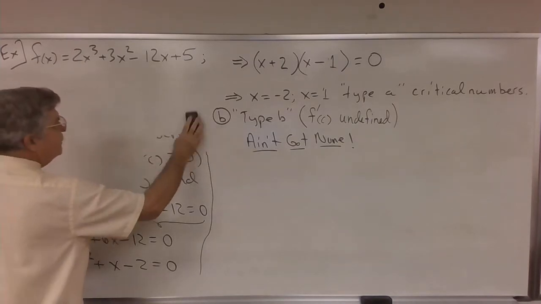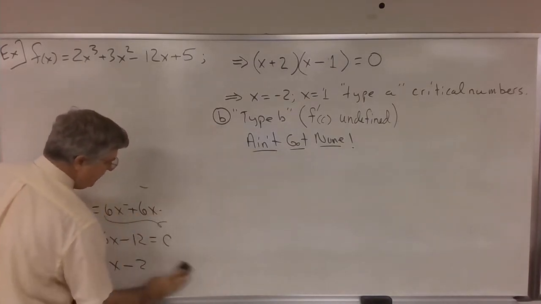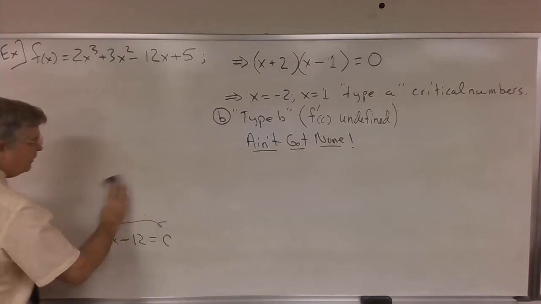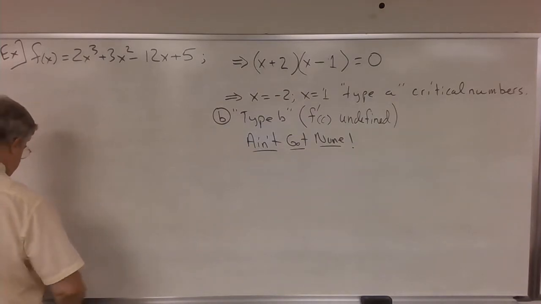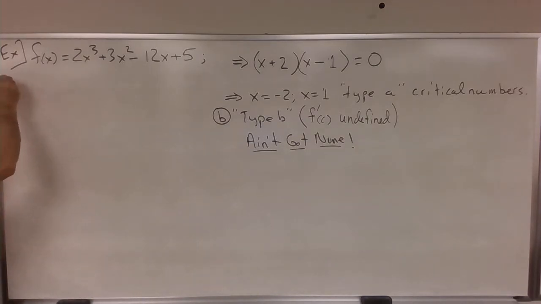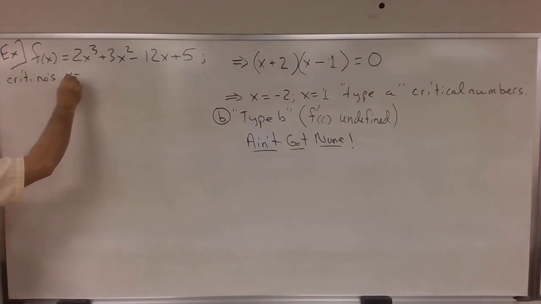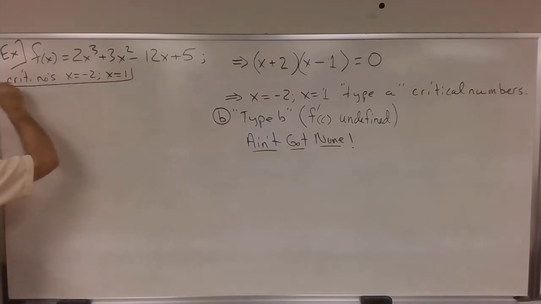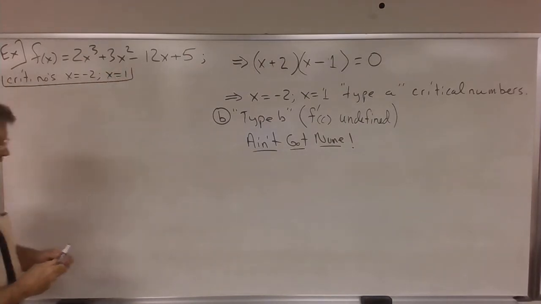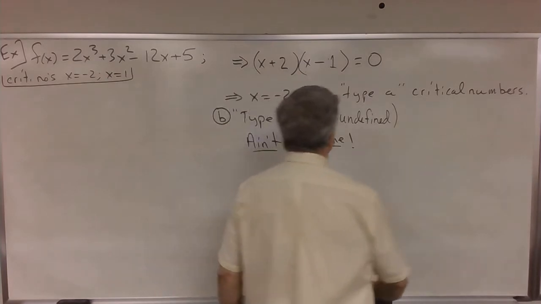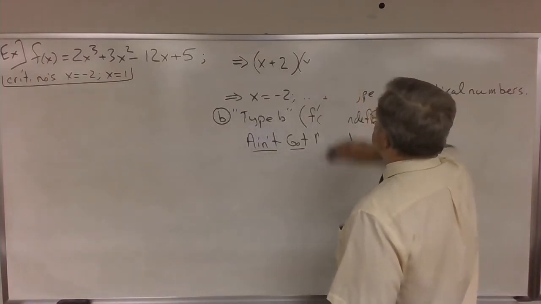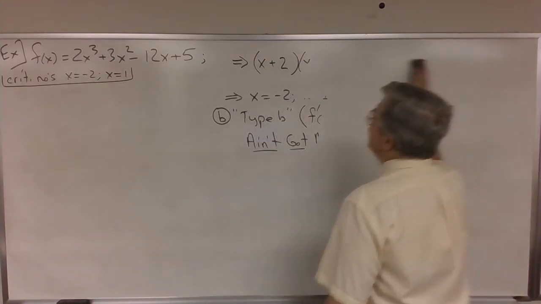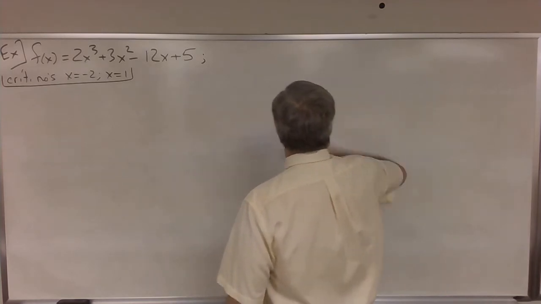Write down the results before I erase the board completely so I don't forget what we just did. Okay. There. Now if I erase the board, I won't have lost too much information.